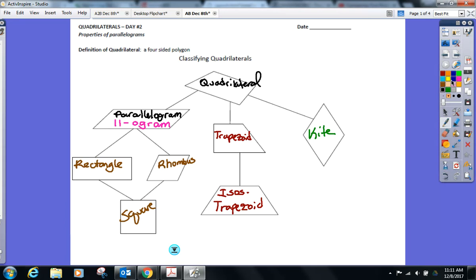And with the kite, sorry, got nothing for you. So that's why we group them in three groups like we have up here: both pairs of opposite sides parallel, one pair, no pair. Everybody good? Because now today, Monday, Tuesday, and Wednesday are all dedicated to the parallelogram.